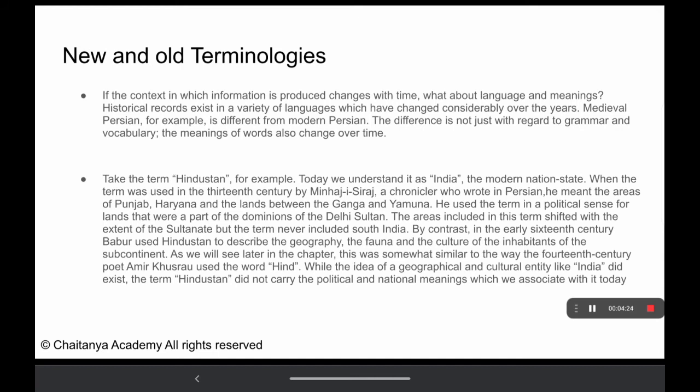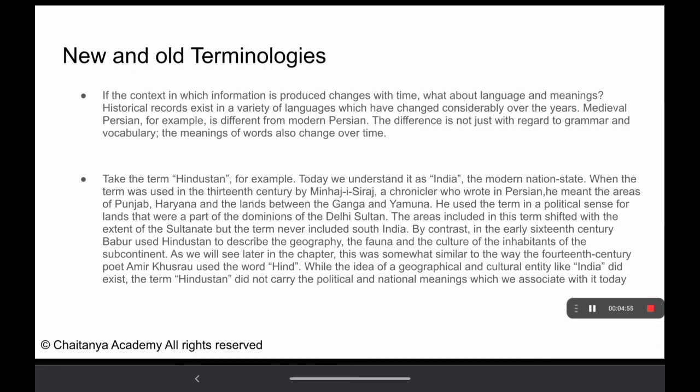India. By contrast, in the early 16th century, Babur used Hindustan to describe the geography, the fauna, and the culture of the inhabitants of the subcontinent. As we will see later in the chapter, this was somewhat similar to the way the 14th century poet Amir Khusrau used the word Hind.